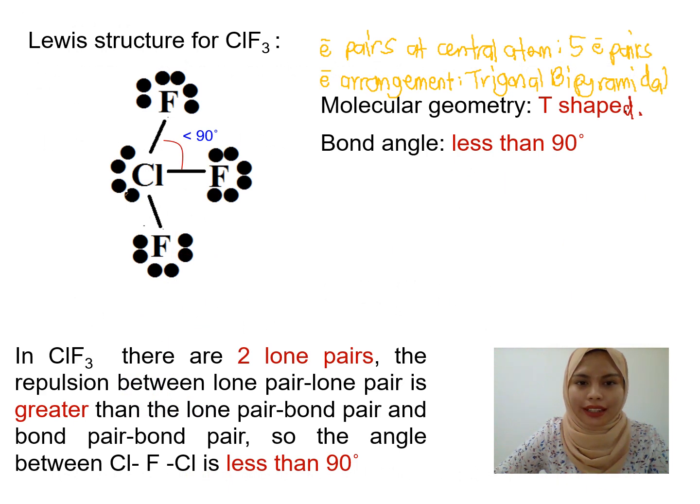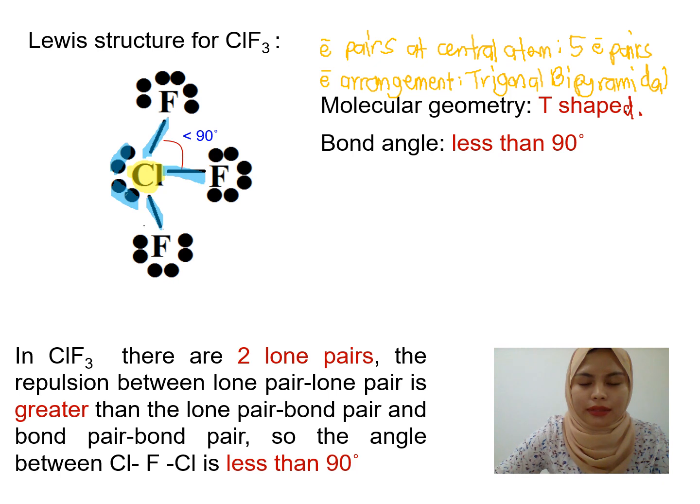Okay, next ialah dia suruh kamu compare bond angle in ClF3. So this is how ClF3 punya Lewis structure. Okay, di mana Cl ni adalah central atom, kan? So central atom Cl ni dia ada berapa electron pairs at the central atom? Ada sebanyak 1, 2, 3, 4, 5.